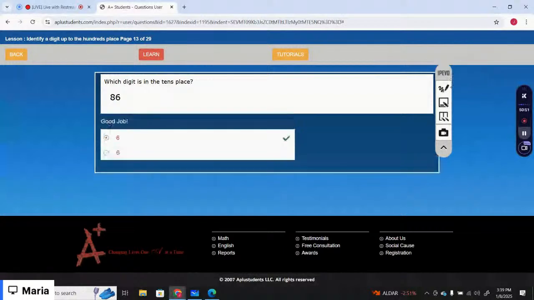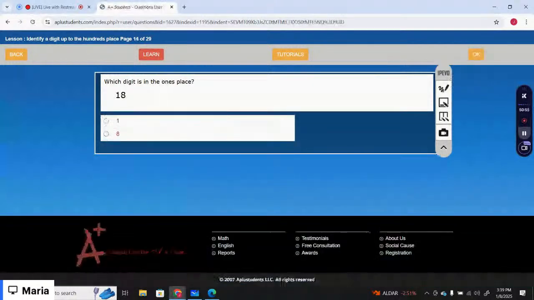That is 8. The correct option is 8. Which digit is in the ones place? The digit that is at the ones place is 8.